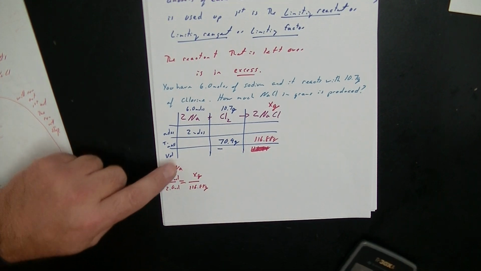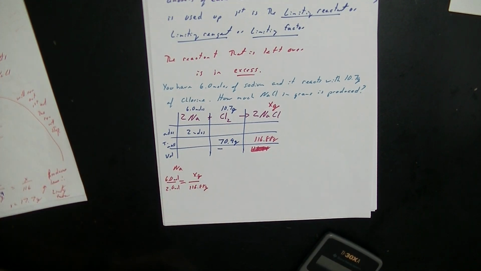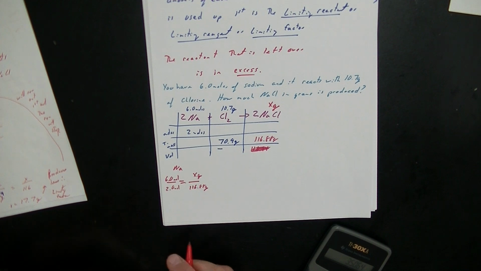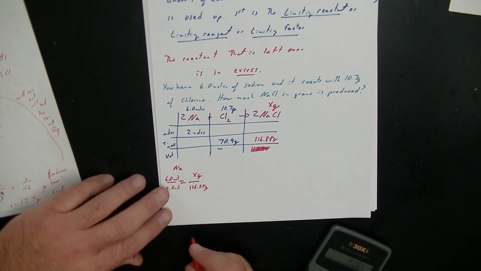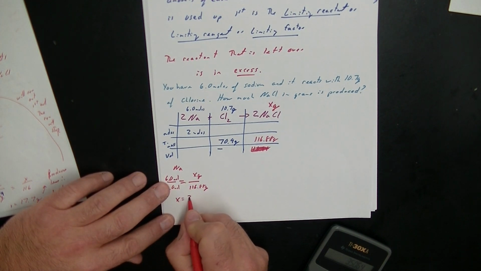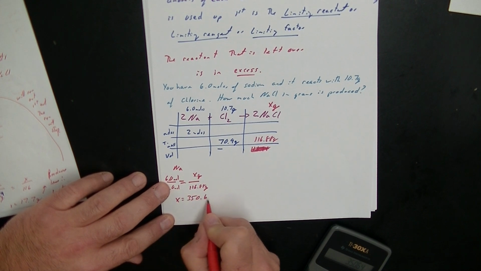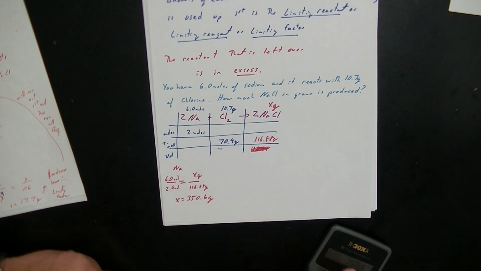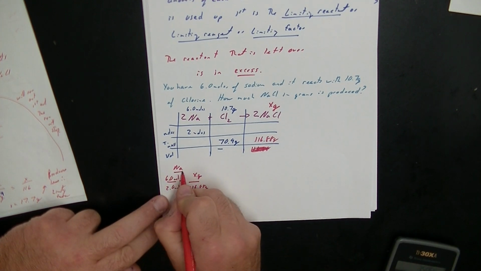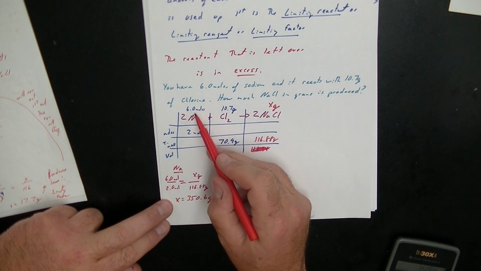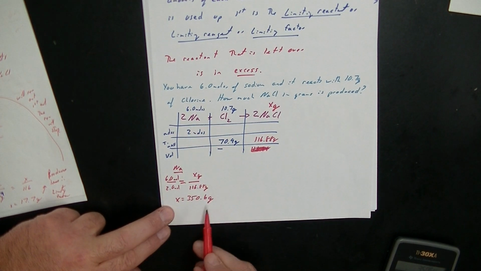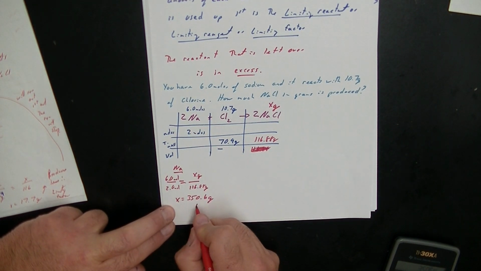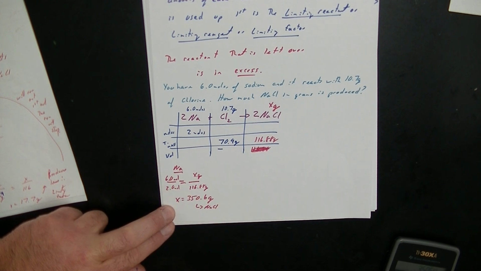So if all the sodium was used, 116.88 times 6 divided by 2 equals 350.6 grams. That's off with sig figs, but that's okay. So if all 6 moles of Na reacted, I would get 350 grams of NaCl.